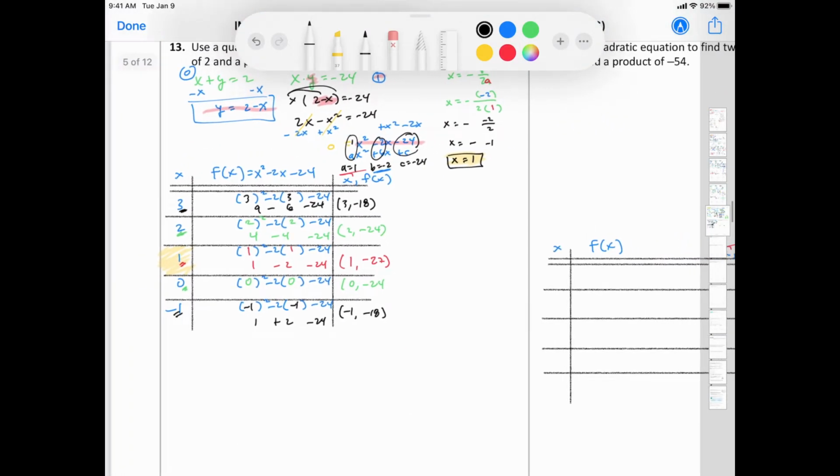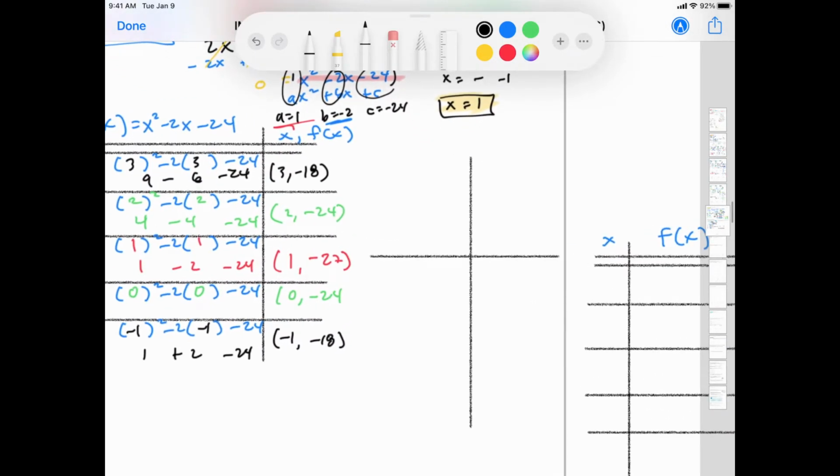And what happens is if we graph this, let's see. 1, 2, 3. Let's count by 8s. Negative 8, negative 16, negative 24. So I have 3, negative 18.